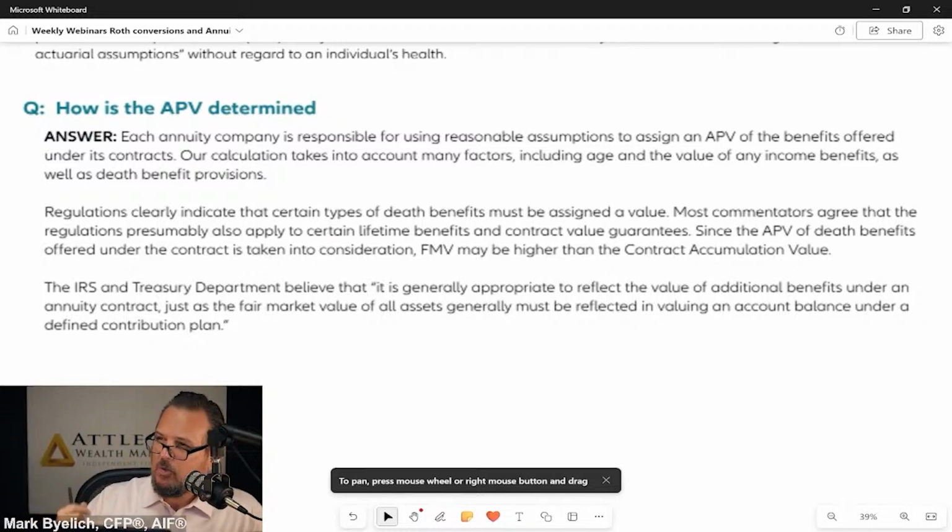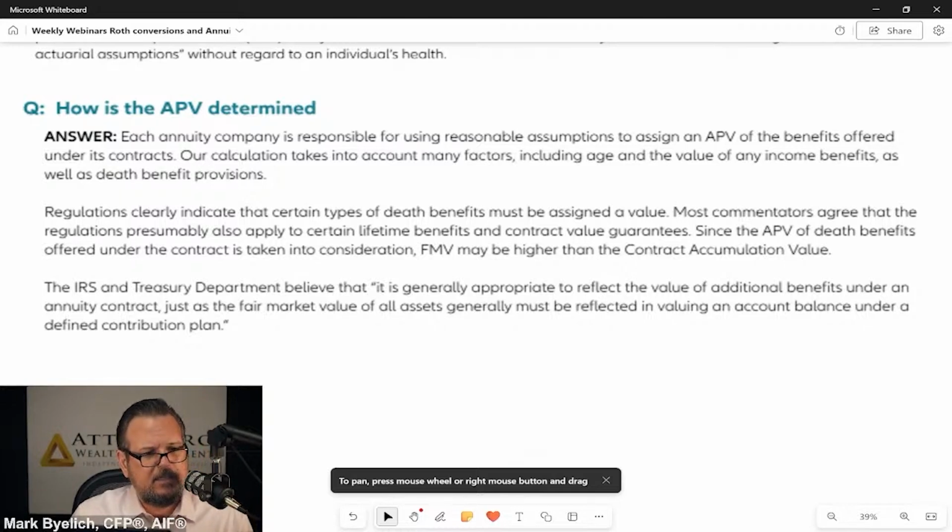Somebody might say, well, if I had a mutual fund or an ETF and I convert it, that same $500,000 or $100,000 could grow over time. Yeah, but that's not a guarantee. The contracts have some level of minimum guarantee, and that is what's used for that calculation. You could convert a mutual fund today or an ETF or a stock, and it could lose value tomorrow.